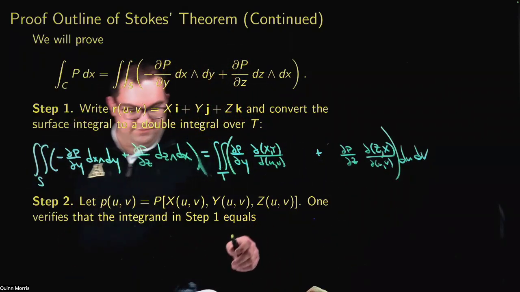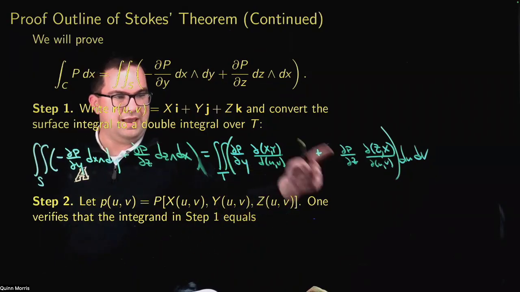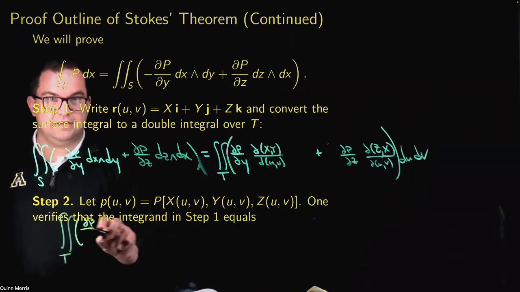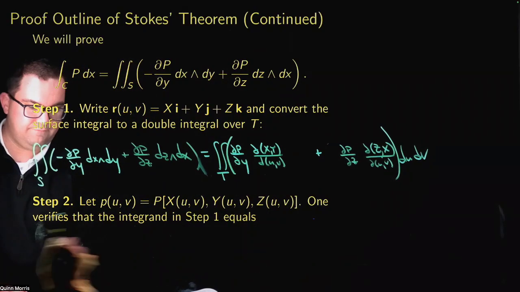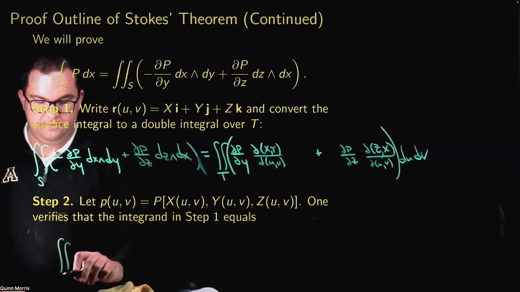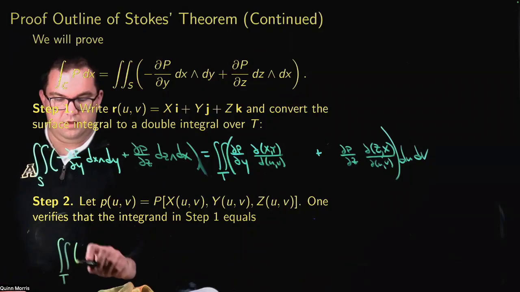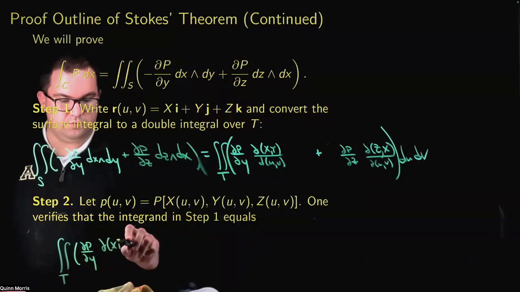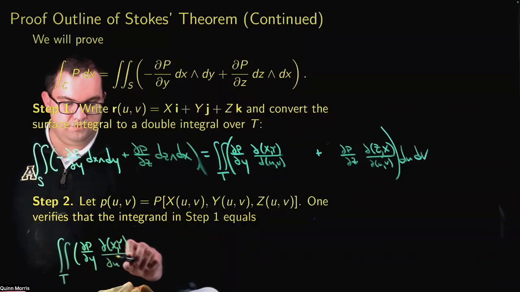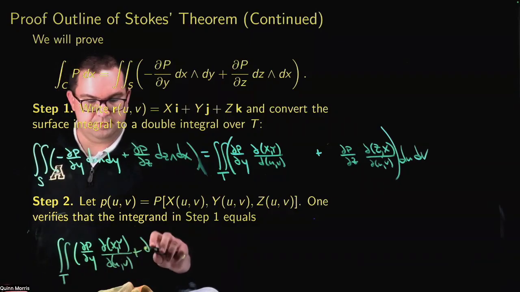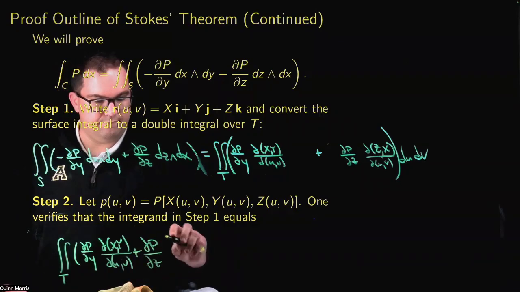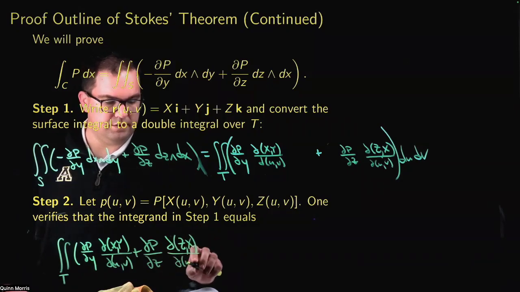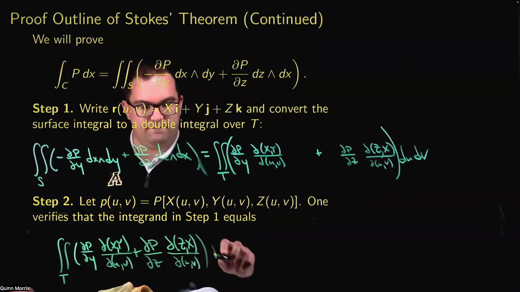Then what we want to do is verify that if we define p in this way, we get that this double integral over T of dP/dy ∂(x,y)/∂(u,v) du dv plus dP/dz ∂(z,x)/∂(u,v) du dv.